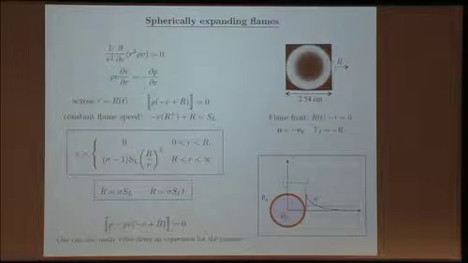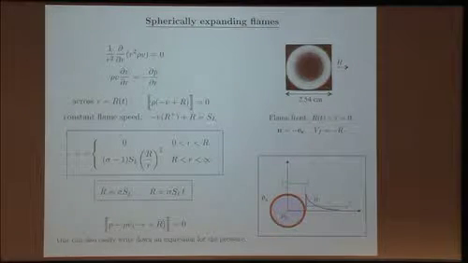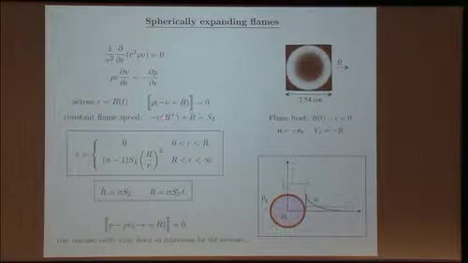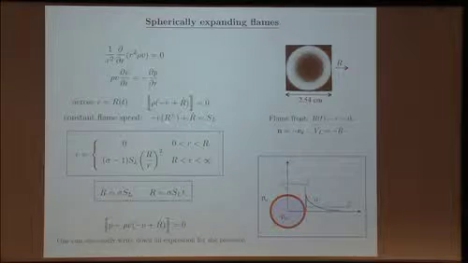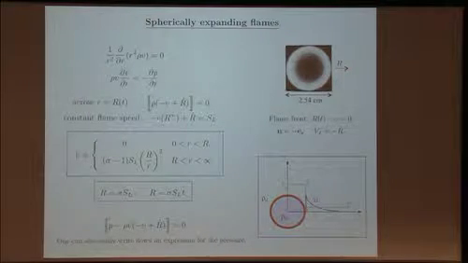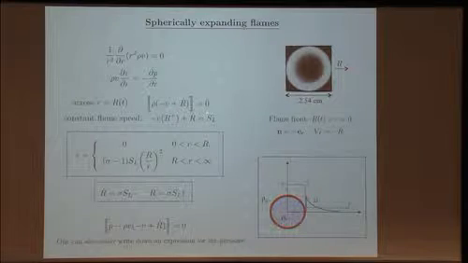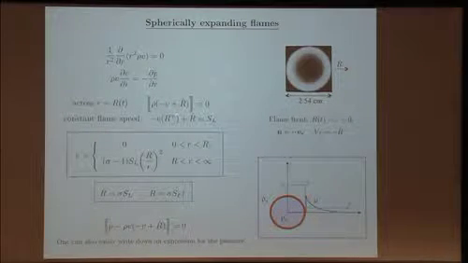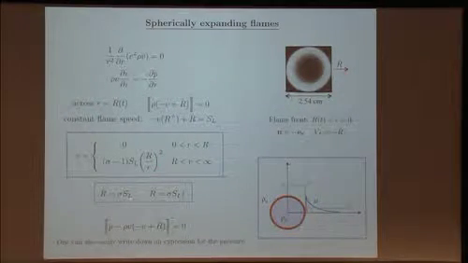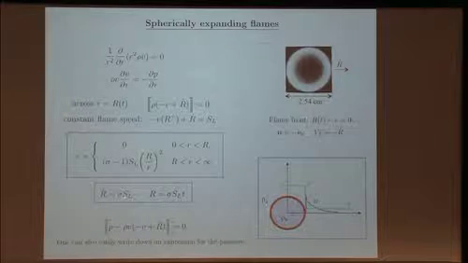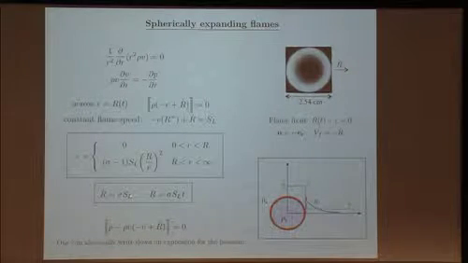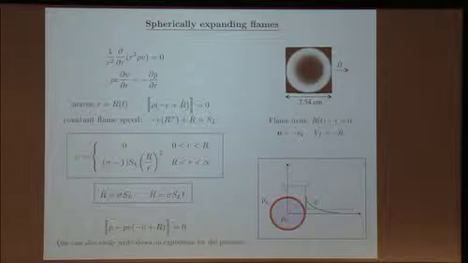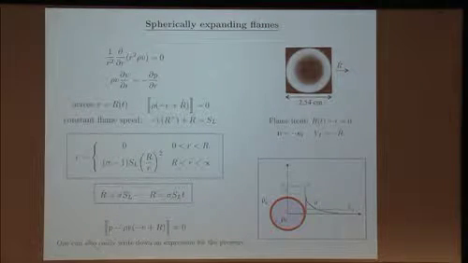It comes from exactly the equation for the flame speed, which is written here, namely the propagation speed relative to the unburned gas, V at R plus, has to be equal to the laminar flame speed. When you evaluate this from this relation, you obtain the propagation speed to be sigma times SL. So the propagation speed is the density ratio multiplied by the laminar flame speed.